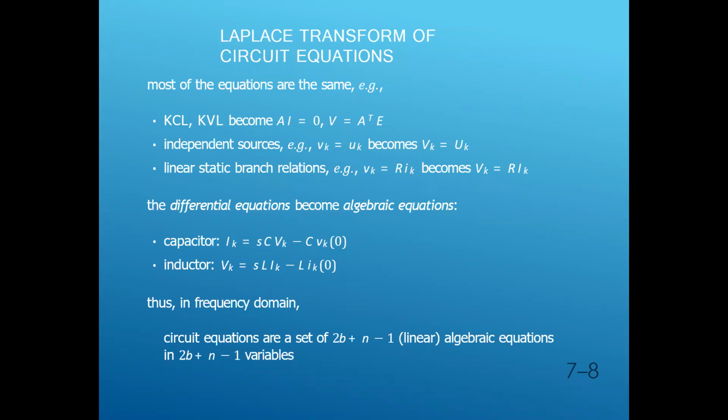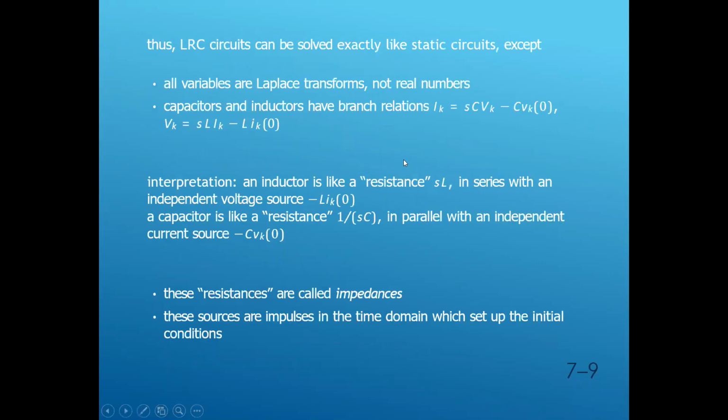Inductor V k is equal to s L i k minus L i k of 0. Thus, in the frequency domain, circuit equations are a set of 2b plus n minus 1 algebraic equations in 2b plus n minus 1 variables. Thus, LCR circuits can be solved exactly like static circuits, except all variables are Laplace transforms, not real numbers.